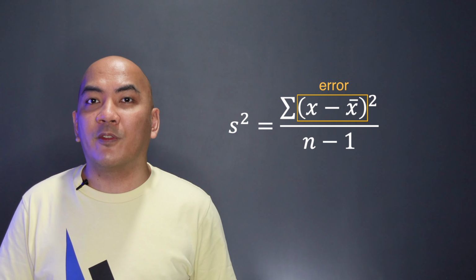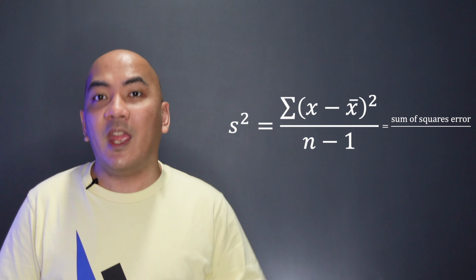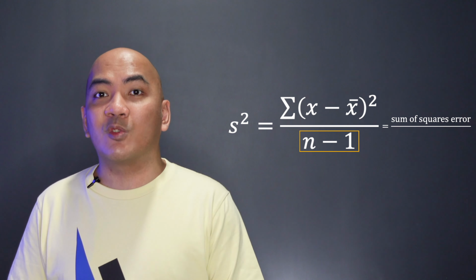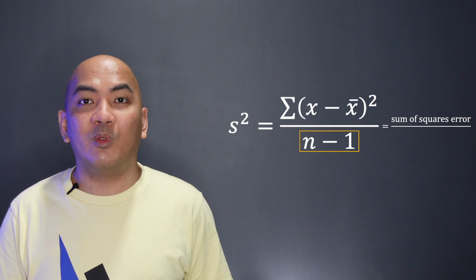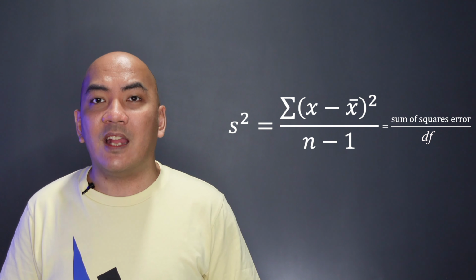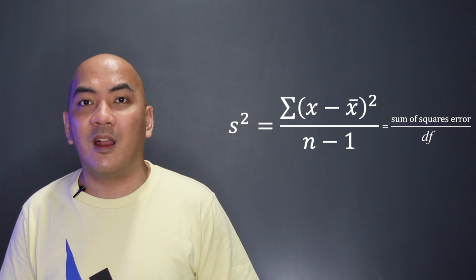So the numerator for the variance is the sum of the squares of the error. And the denominator, as you can see, is n-1, which you must know by now is the DF. So in other words, the sample variance is just the sum of squares error divided by the degrees of freedom.